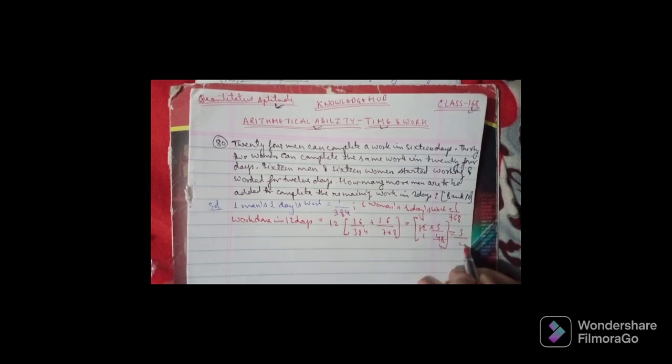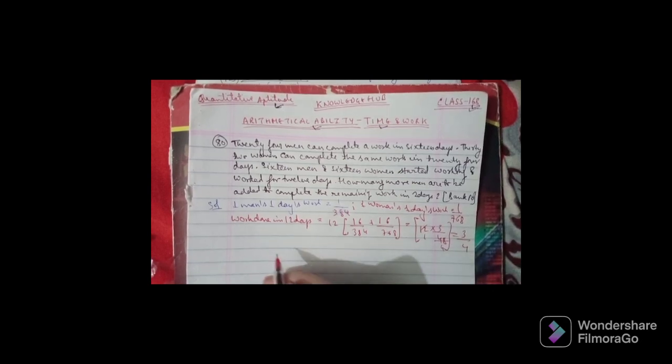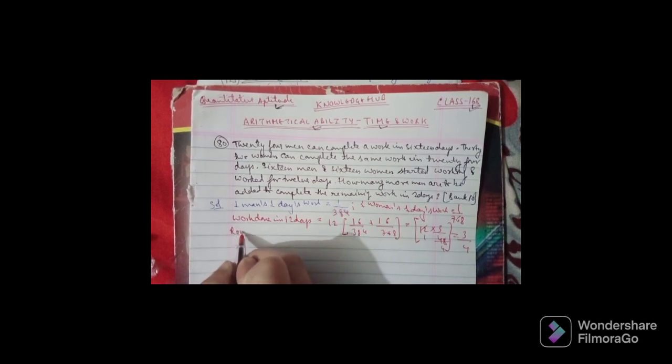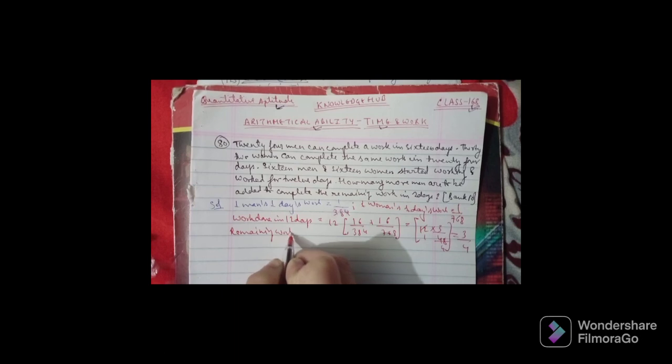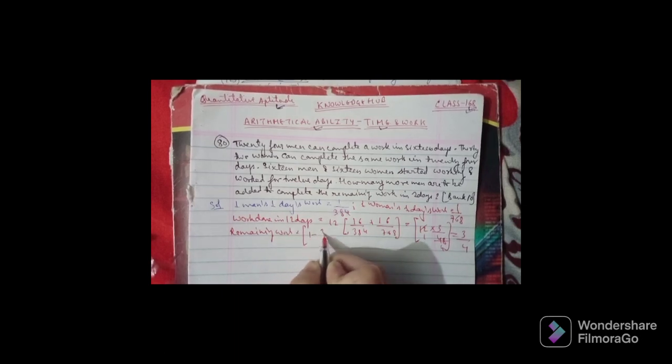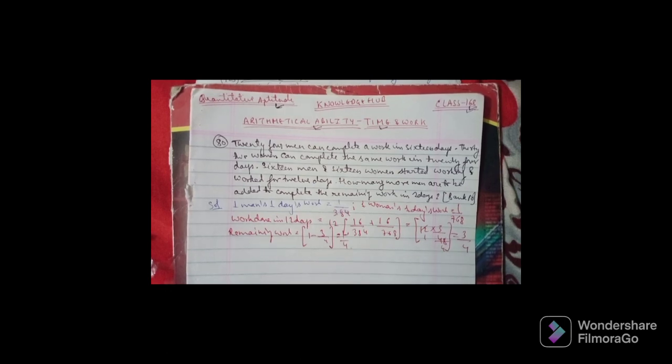It's 3 by 4. So the remaining work equals 1 minus 3 by 4, which equals 1 upon 4.